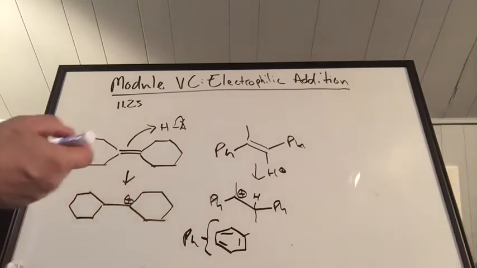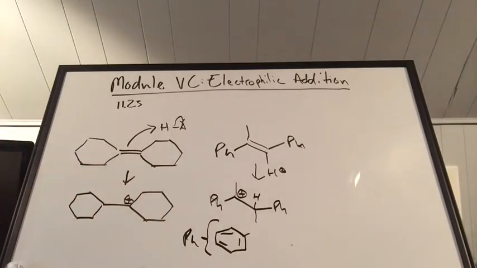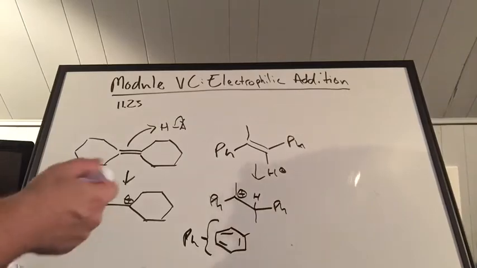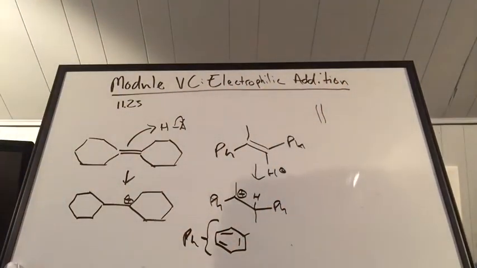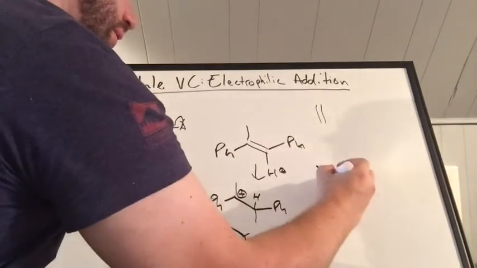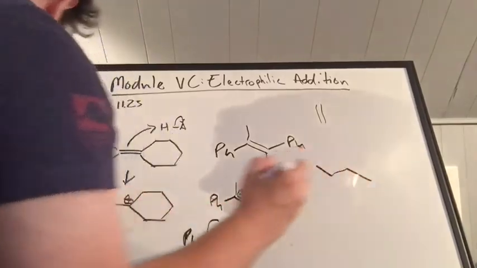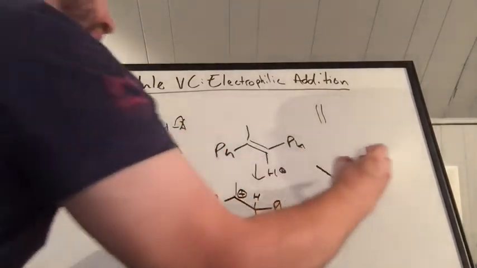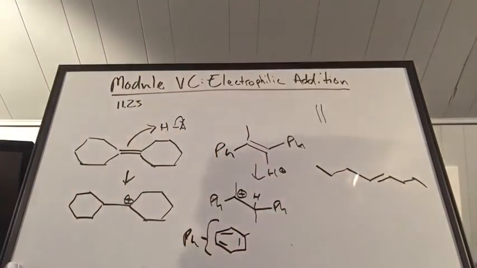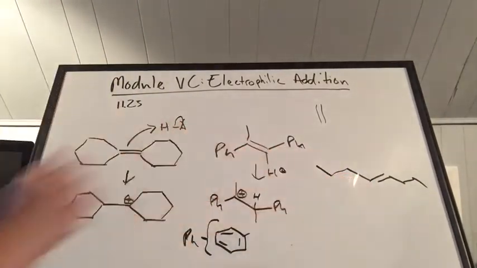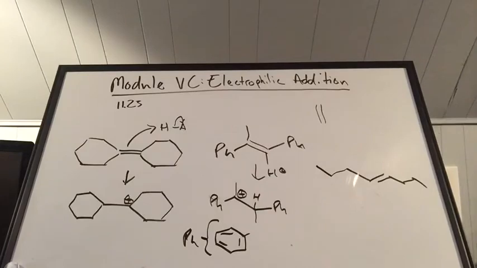Okay. So the other two examples that your text has for that particular problem are just ethylene or ethene, whatever you want to call it, and then this particular trans double bond.